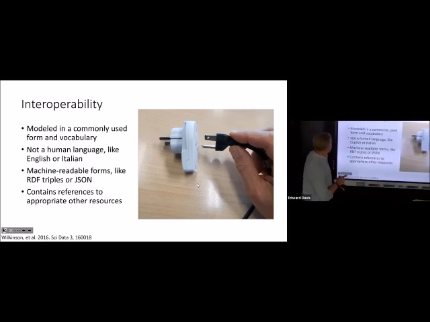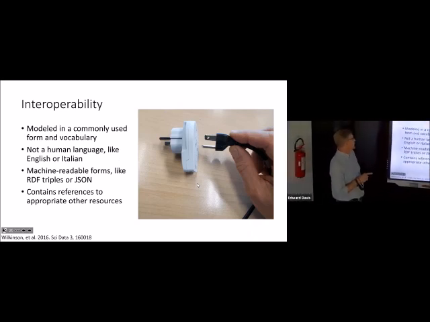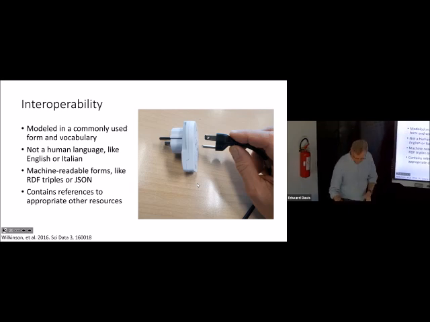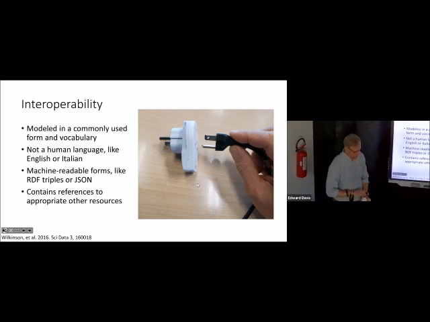Okay. They have to be interoperable. And that means that when you're modeling your data, the information you're putting into your spreadsheets, your accessible records, have to be built in a commonly used form and vocabulary. So this is where community standards come in. We have lots of people working together to brainstorm the standards that we use for communicating these ideas.